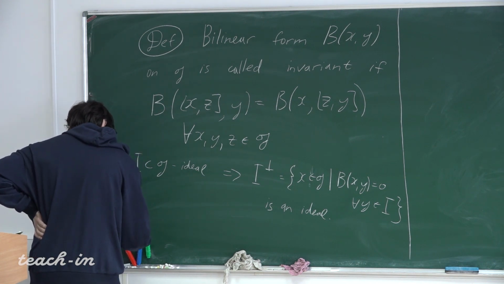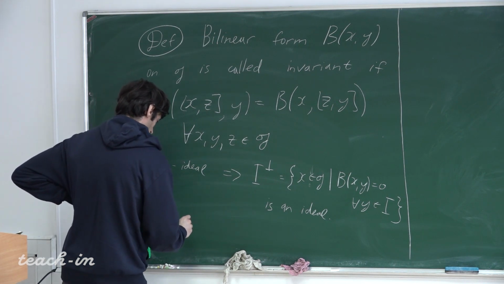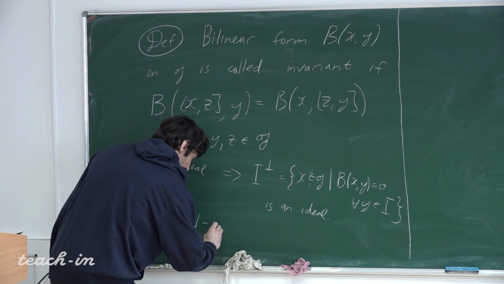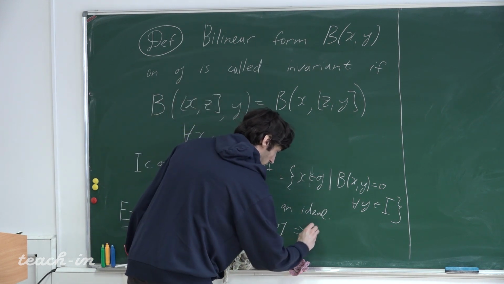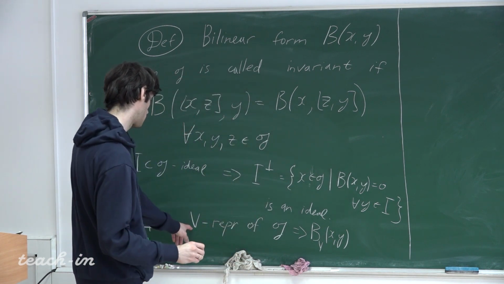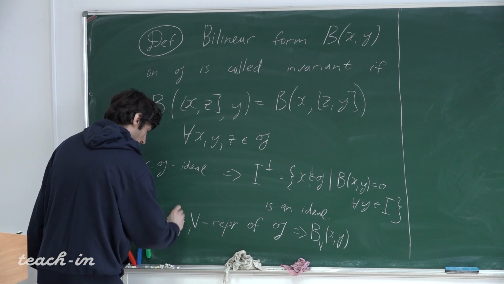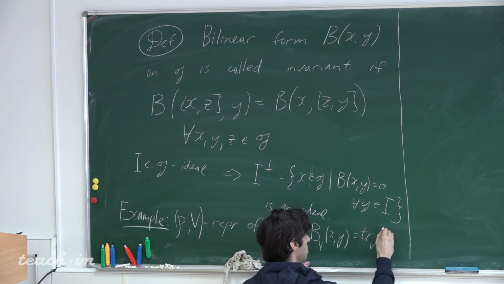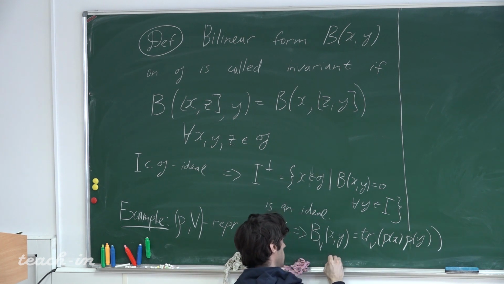So, example: if I have a representation V, a finite dimensional representation of G, and the representation also comes with a homomorphism to GL(V), then the form B_V of x, y, which is the trace over V of rho of x, rho of y, is invariant.